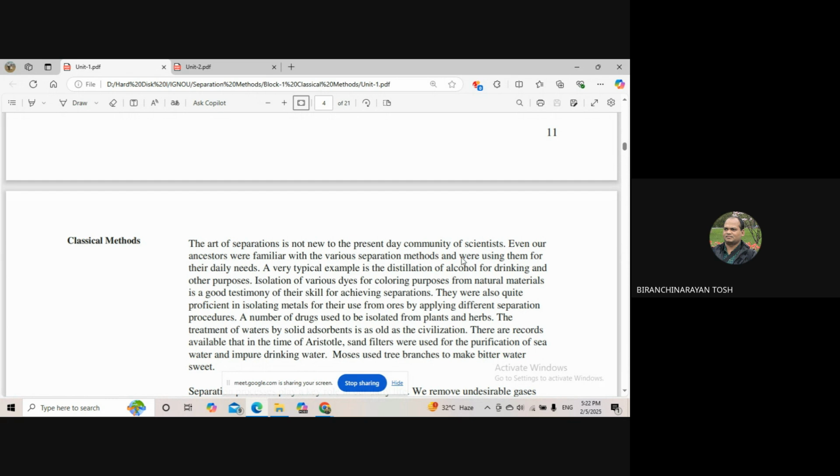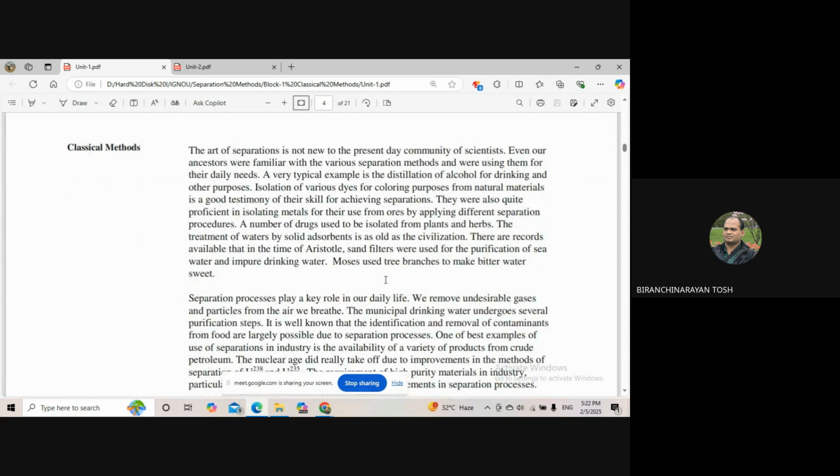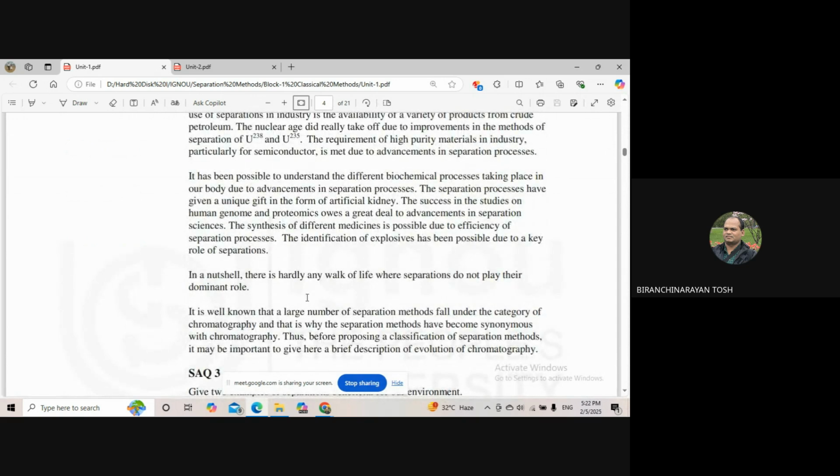So in a petroleum refinery, or refinery industry, we are telling that one. Like then others, in a nutshell, there is hardly any walk of life where separation does not play a dominant role. In every stage of our life, we need some separation process.